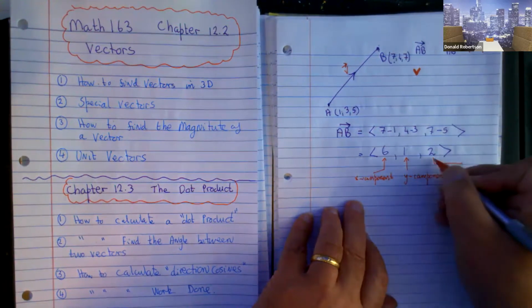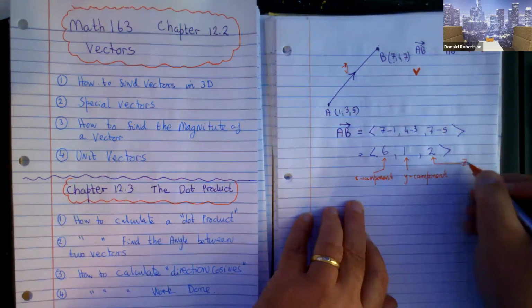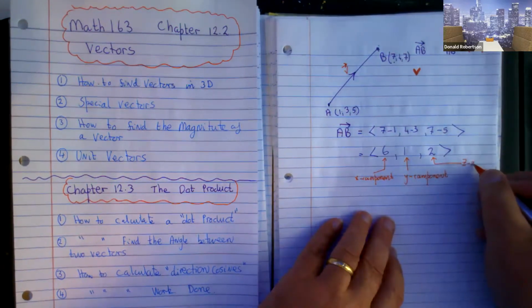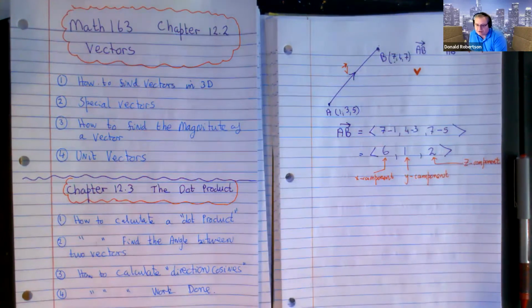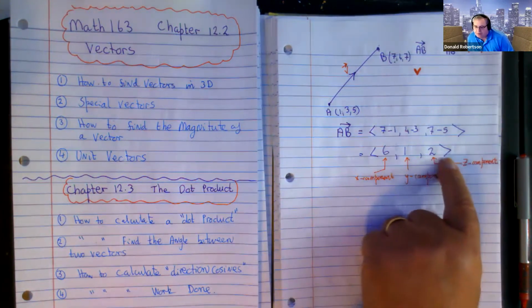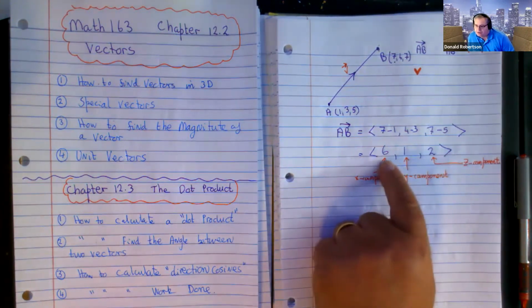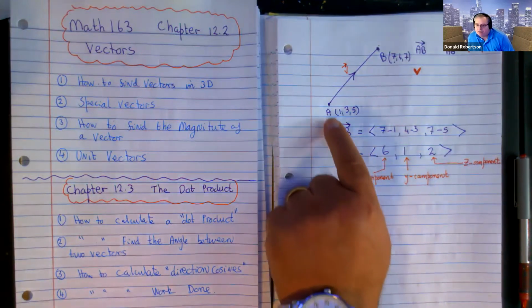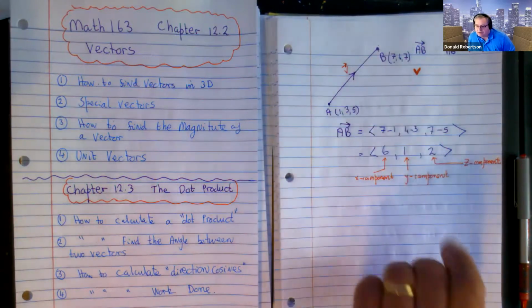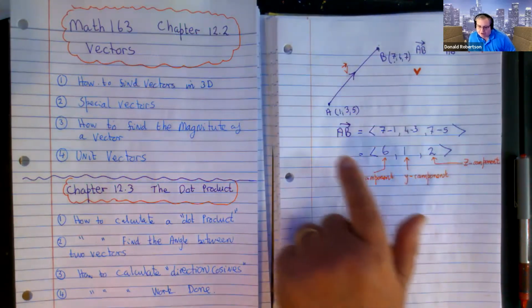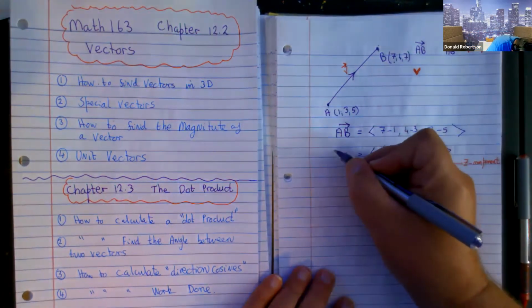And this guy here is, not surprisingly, the Z component. So normally when you tell someone a vector in 3D space, what you really tell them is these 3 numbers. And these represent how you would start at some arbitrary point A and finish up here at B. And so these 3 numbers represent our vector AB.